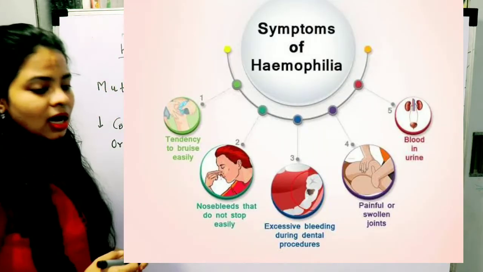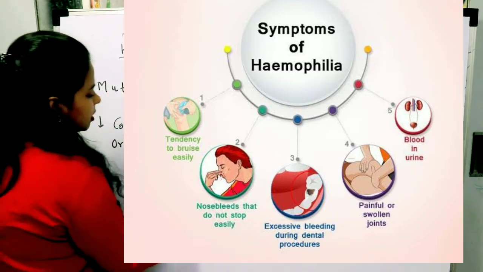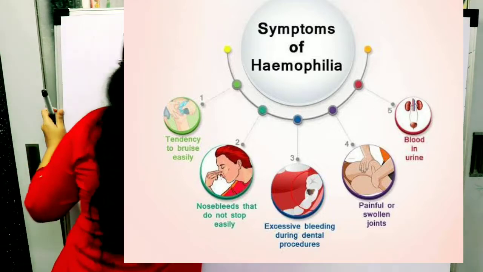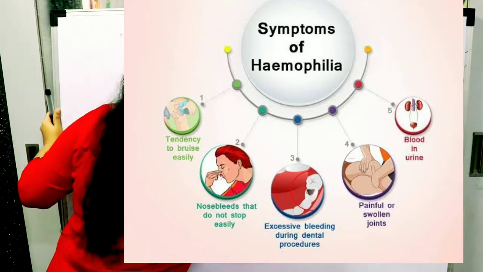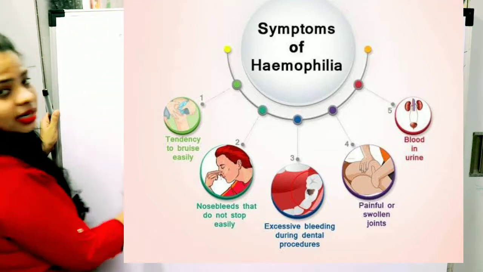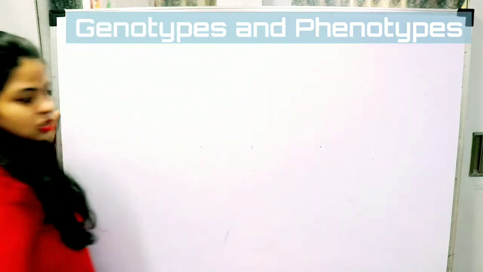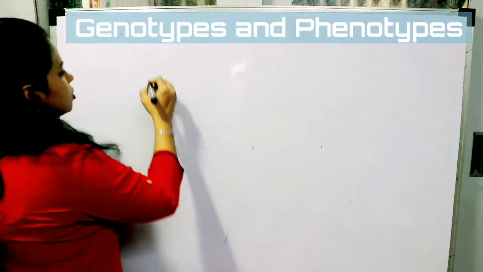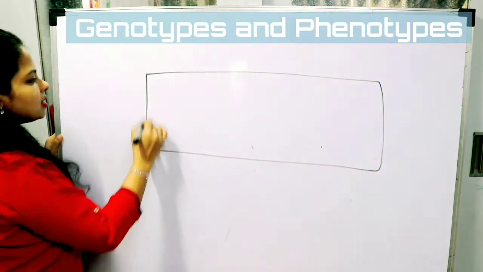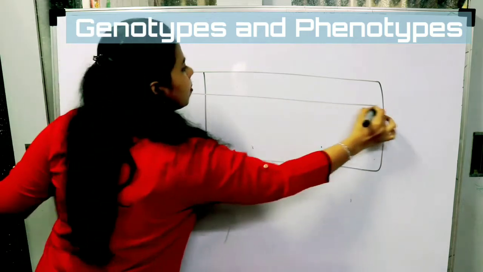Now let's see its various genotypes. If the person is normal, carrier or hemophilic, what are the genotypes? Let's focus on that, because we want to study the inheritance pattern in this case. For that we must know the genotypes and phenotypes. Now we'll consider the sexes, male and female.